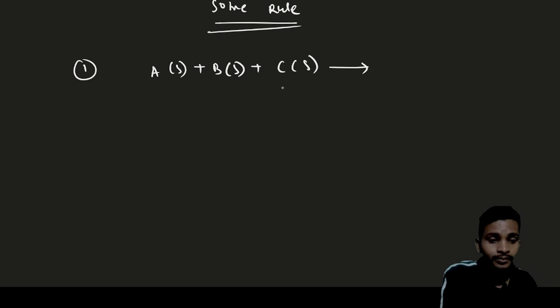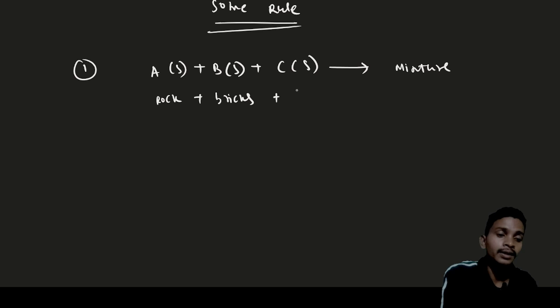If you mix them, one mixture will come, right? If you mix solid A, solid B, solid C, like A is rock, B is bricks, and C is any metal, then one mixture will come.